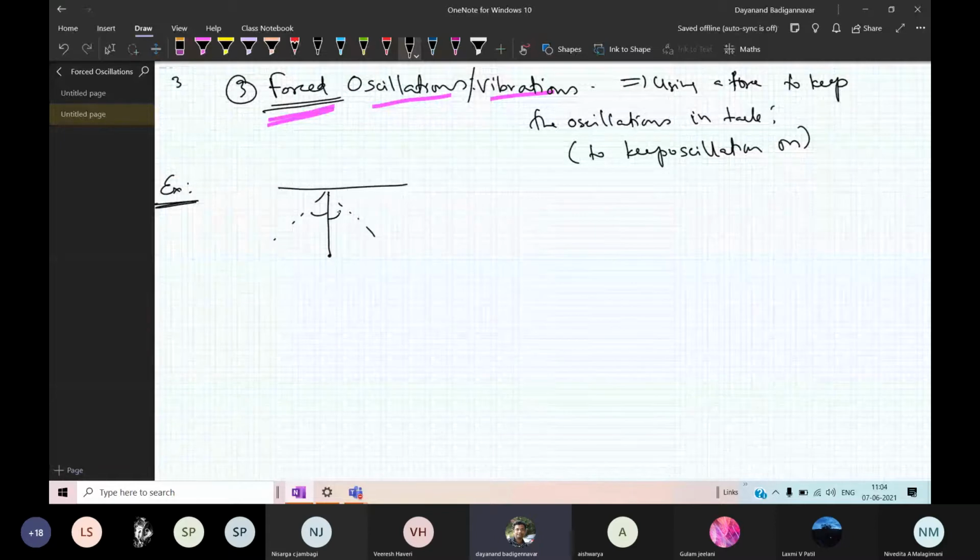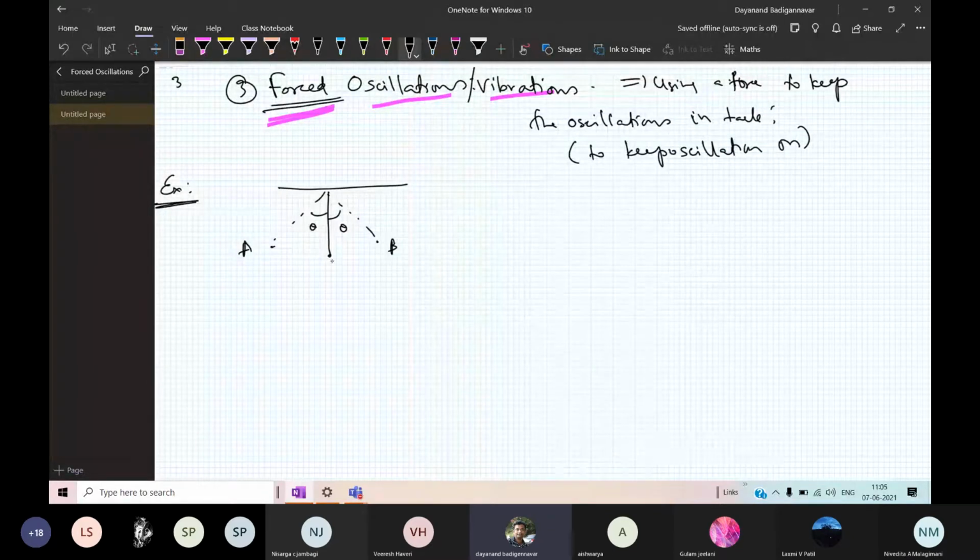It is actually a pendulum, oscillating between point A and B. After some time you get bored, so you ask your friend to help you oscillate. Your friend comes and applies the force at regular intervals. Once your friend keeps on applying the force, you keep swinging.